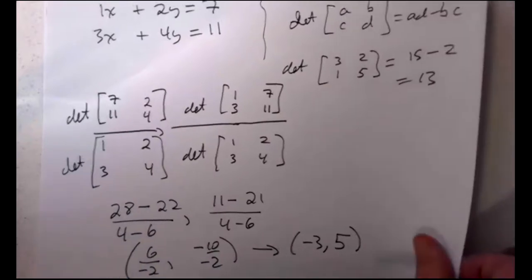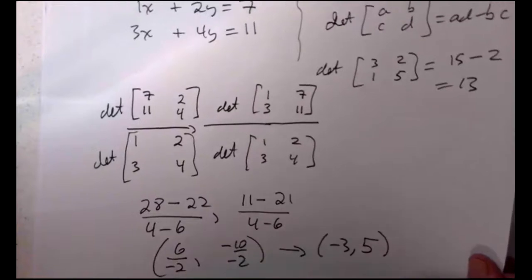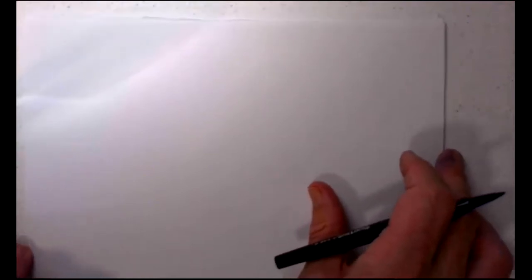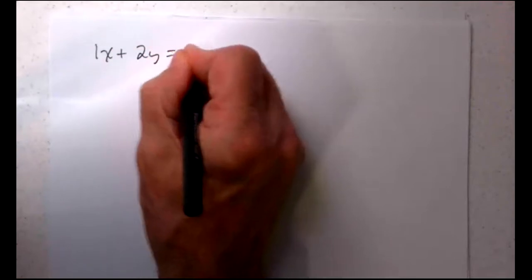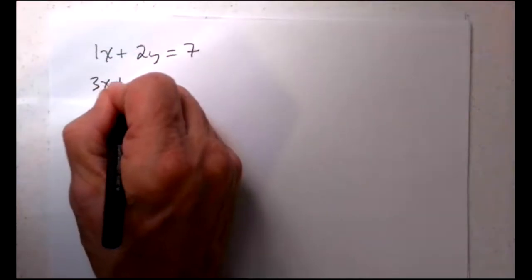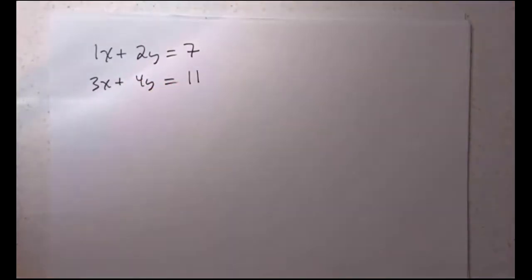And our last approach here is to do this finding matrix inverses. So let me show you how that works. We have 1x plus 2y equals 7, and 3x plus 4y equals 11.